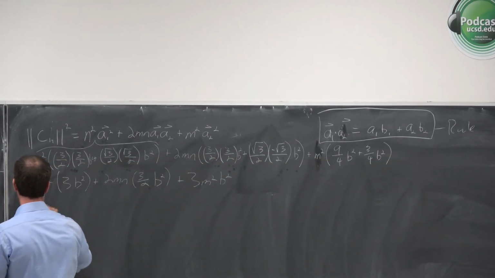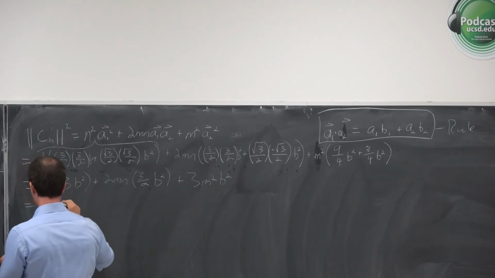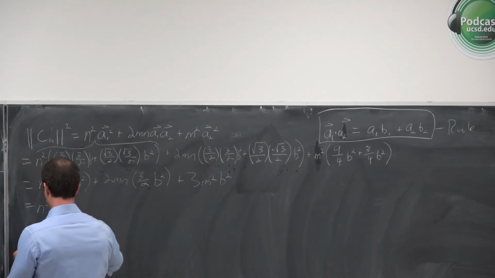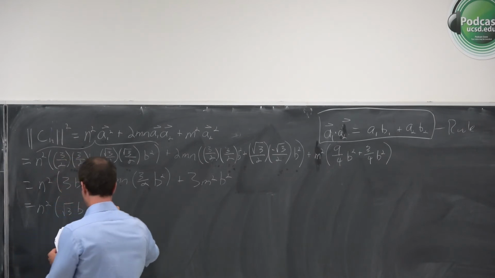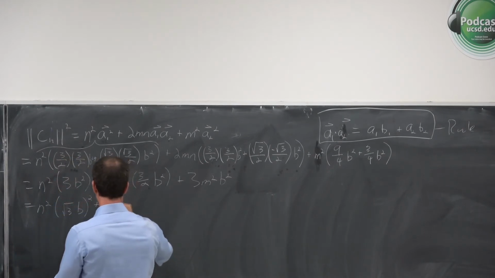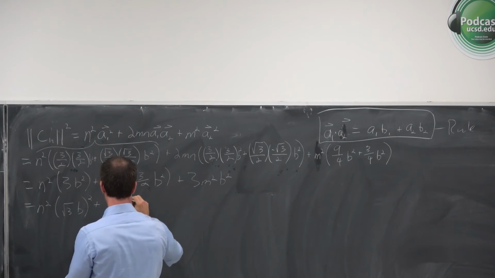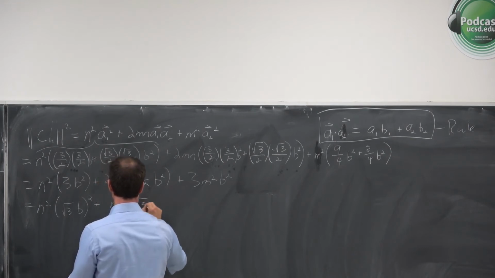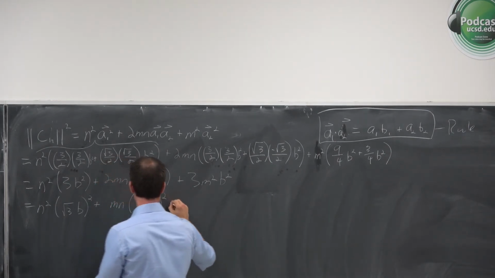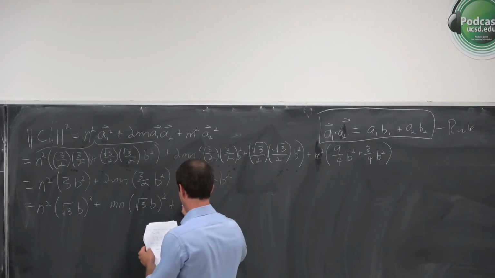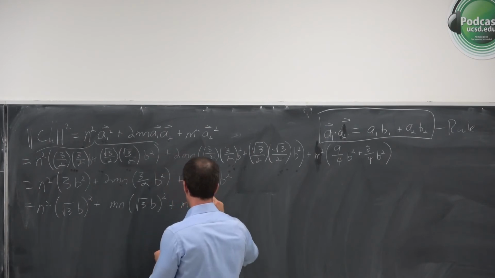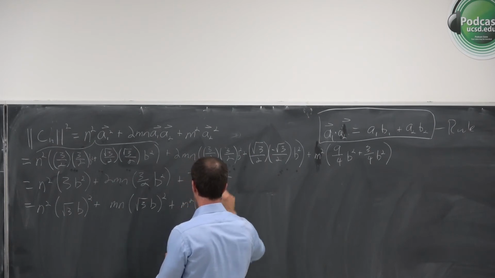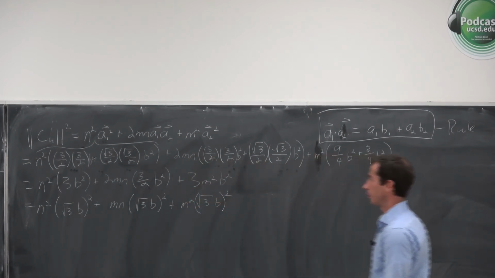So we could also then write this as square root of 3b squared plus mn square root of 3b squared plus m squared square root of 3b squared, right?